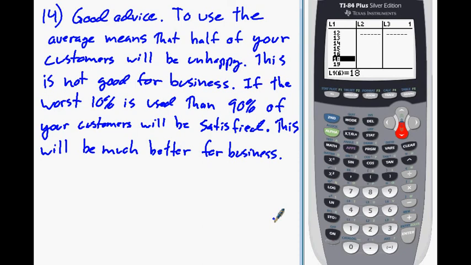If, on the other hand, you use the worst 10%, then you can think of it as the other side, the 90%. Then 90% of your customers will be satisfied. This will be much better for business. Statistics are great. We need to make sure to use them appropriately, or we might get unanticipated consequences that we don't like.